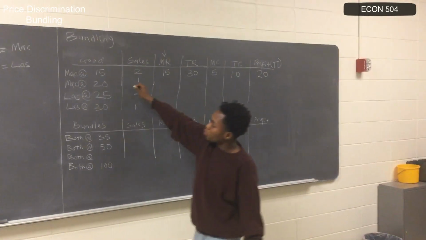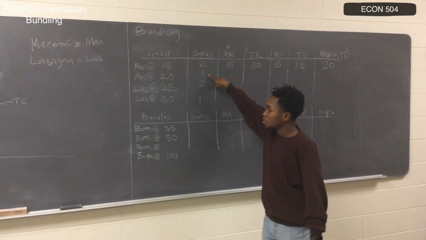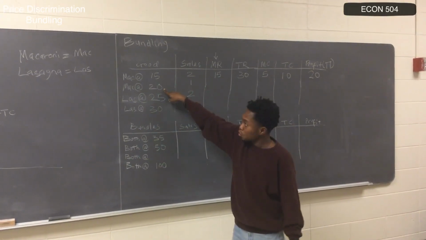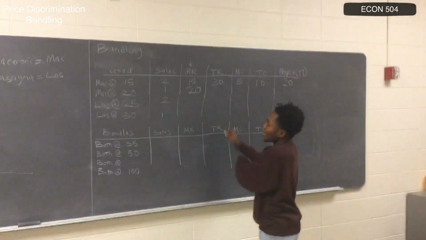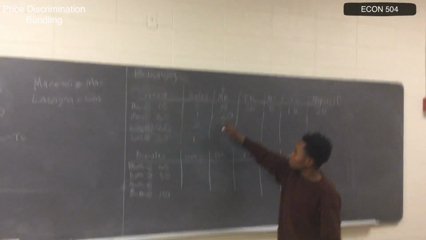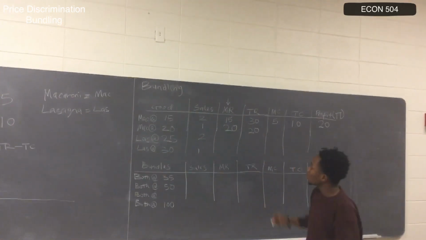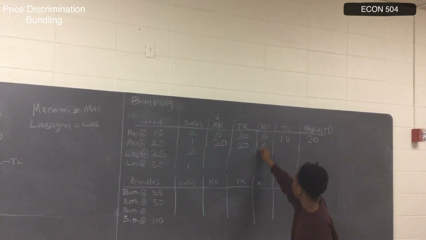If I'm selling macaroni for $20 and I sell to just one individual, my marginal revenue is 20 because I'm selling it for that price. My total revenue, because I'm only selling to one individual, is also 20. My marginal cost, which is fixed for macaroni, is 5.